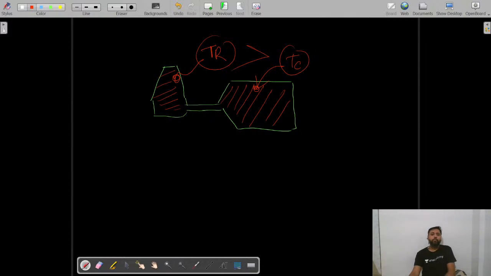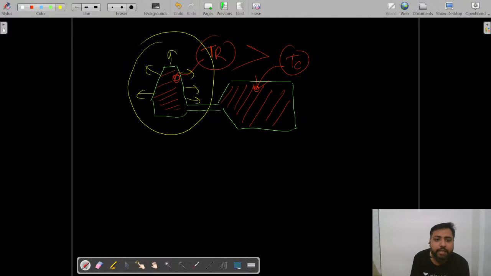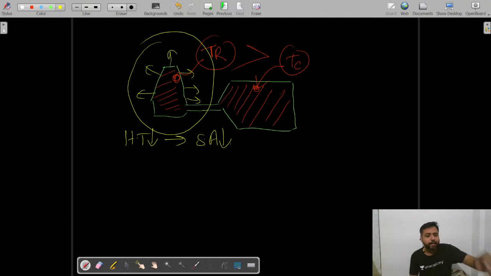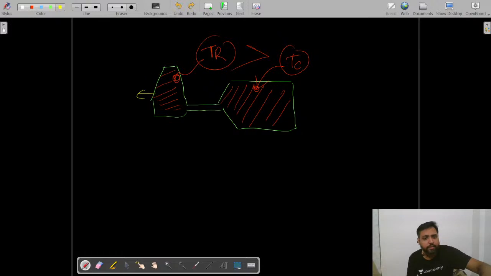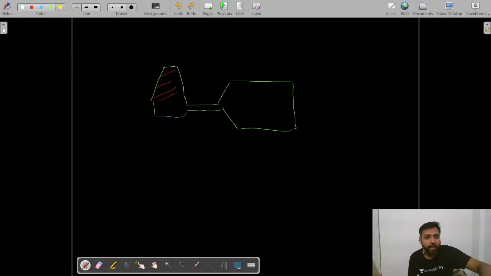For that, one thing you can do: whatever heat transfer is taking place from the surface of the riser, that heat transfer can be minimized. How to minimize the heat transfer? For that, the surface area will be minimized. So whenever you design a riser, mostly risers are always designed for their minimum surface area.